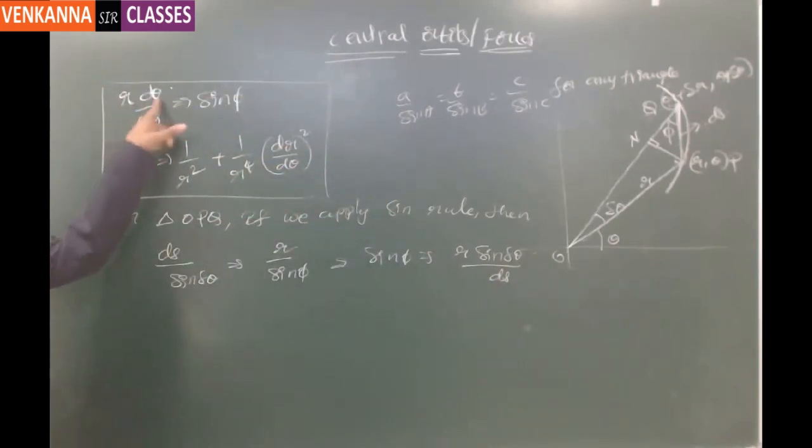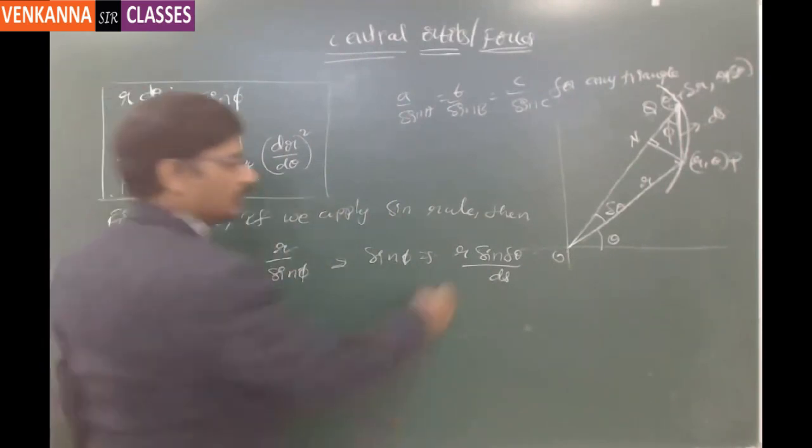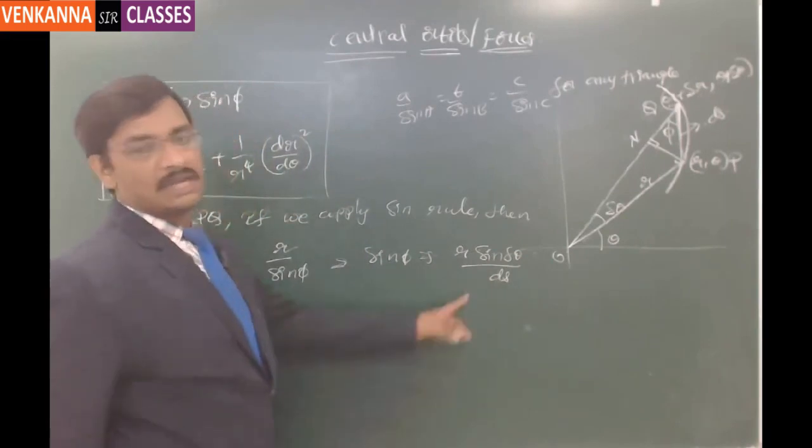Now here we need the relation r d theta by ds equal to sin phi, so sin phi is equivalent to that one. Here delta theta and delta s are tending to 0.